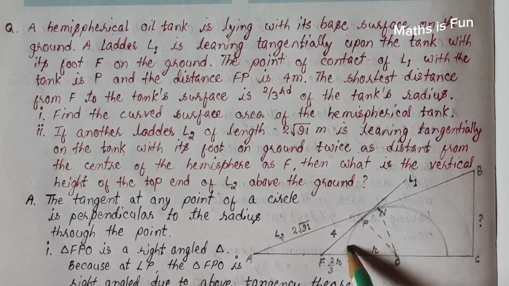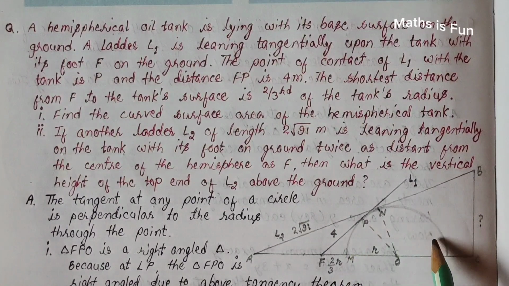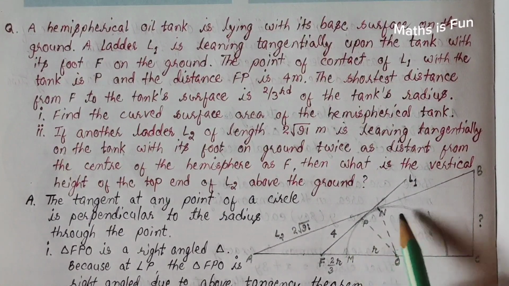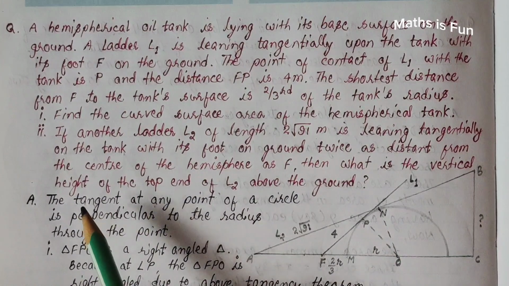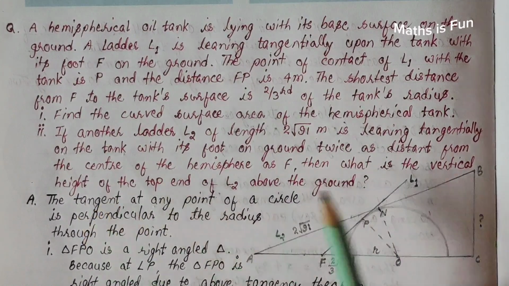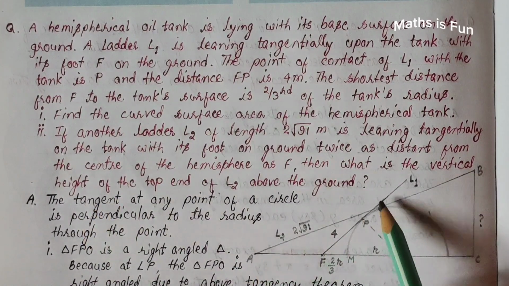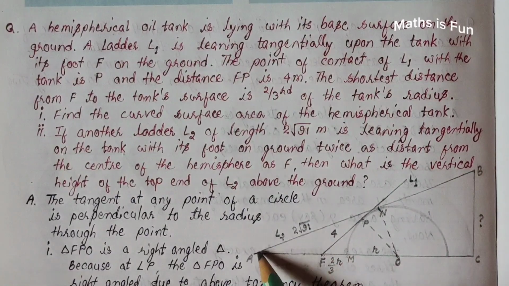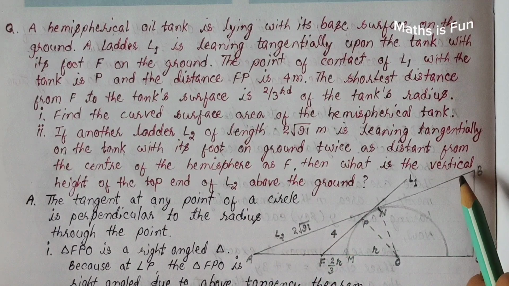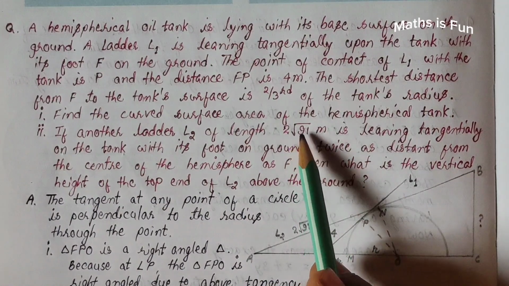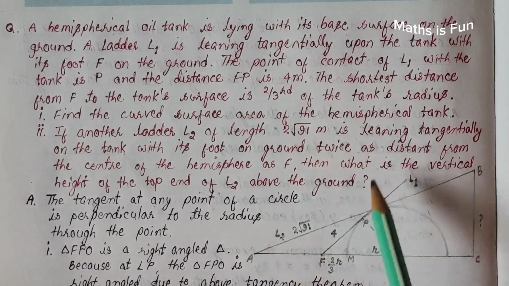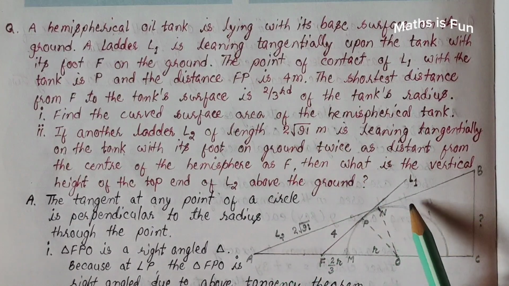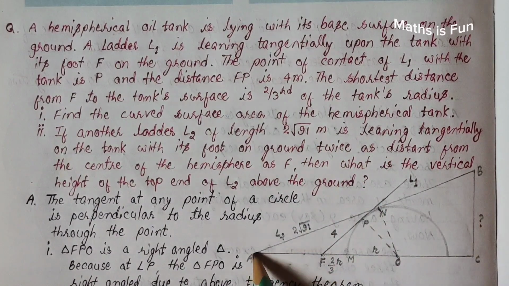Now we are to find the curved surface area of this hemispherical tank. And in the second part there is some information that there is another ladder L2. The length of this ladder is 2 times square root of 91 meters, and it is also leaning tangentially on the tank with its foot on the ground.